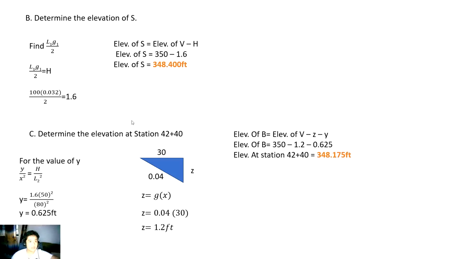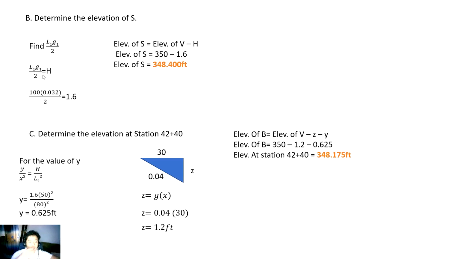Okay, next. So, determine the elevation of S. First, we need to find L1 G1 over 2. So, using this formula kasi, madedetermine natin kung saan manggagaling yung lowest elevation. So, since ang L1 natin is 100, G1 is 0.032 over 2, so ang sagot dyan ay 1.6.